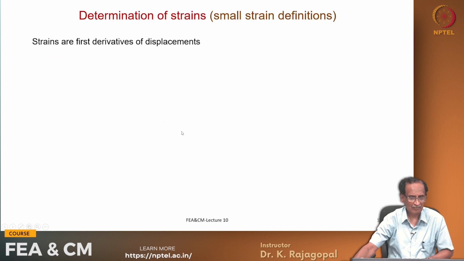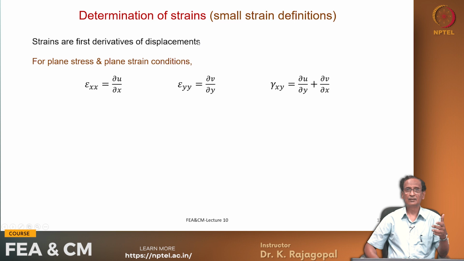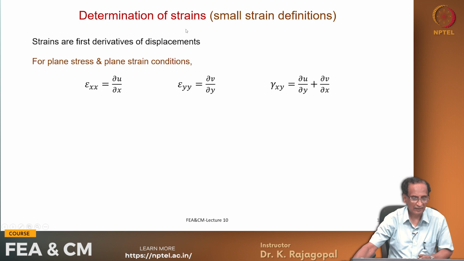And for the determination of strains, we have already seen the definition of strains in the previous lecture. If we use small strain definitions for plane stress and plane strain, our epsilon xx is dou u by dou x, and our epsilon yy is dou v by dou y, and gamma xy is dou u by dou y plus dou v by dou x.